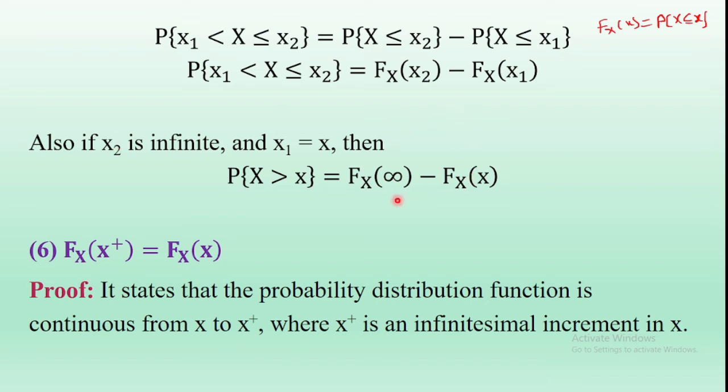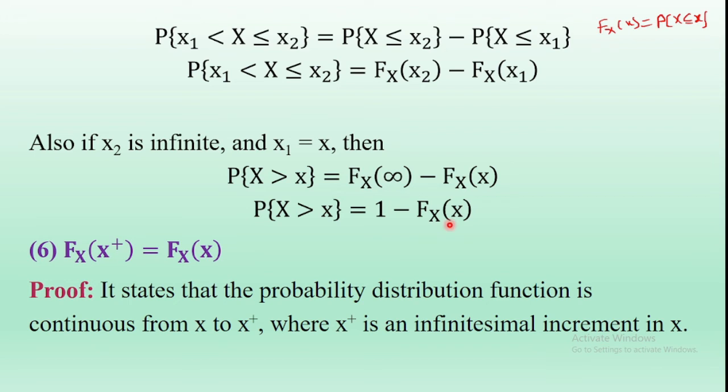From the second property of the cumulative distribution function, Fx of plus infinity is 1. So probability of X greater than x is equal to 1 minus Fx of x. This is one more property of the cumulative distribution function.